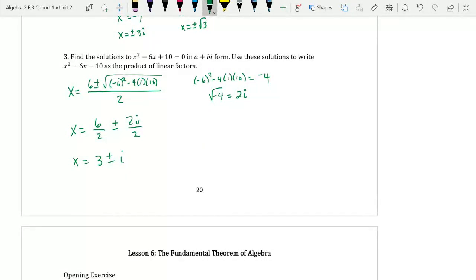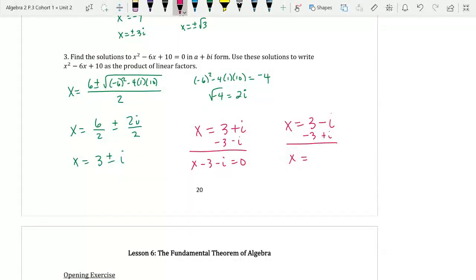Now, if I know solutions, that means I can find the factors. So if I take each solution and I solve and make it equal to 0, by setting it equal to 0, I'm creating factors, right?